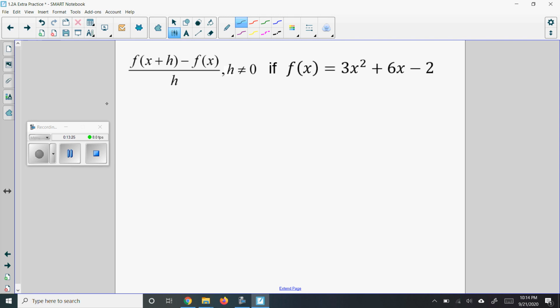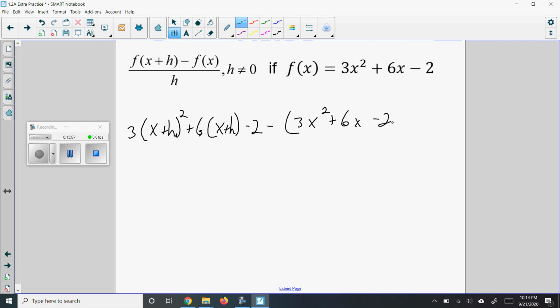Okay, let's take a look at this one now. All right, so we'll evaluate this at x plus h. So this is 3 times x plus h squared plus 6 times x plus h minus 2 minus, and then we'll subtract this whole thing. 3x squared plus 6x minus 2 all over h.